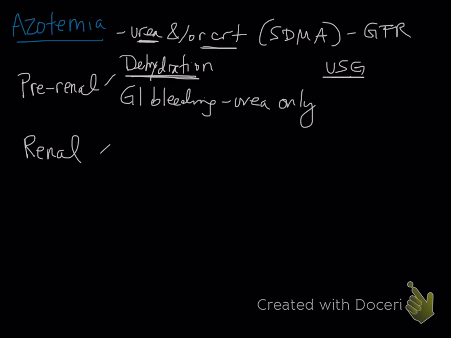Renal azotemia can be due to acute kidney injury, which some people refer to as acute renal failure, although not all injury results in failure, or chronic kidney disease, which some people also refer to as chronic renal failure. Not at Penn, of course, but in general.